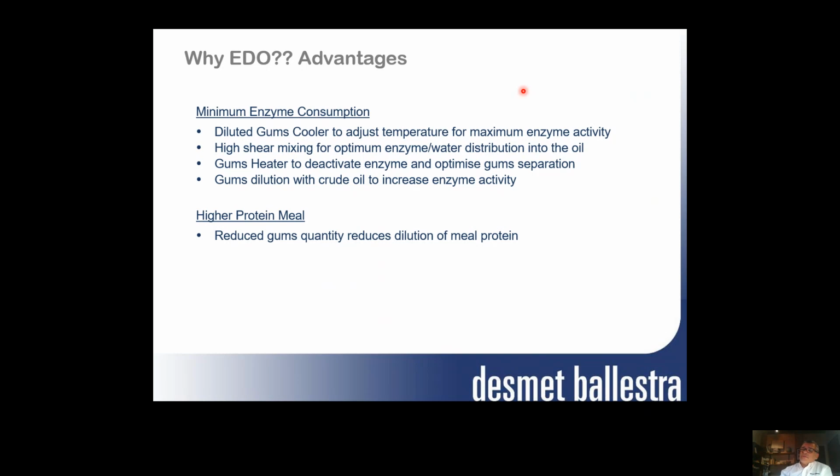So for those countries where the protein content is the limitation, it is a very interesting option where we can minimize the impact of the low protein content of the seed.